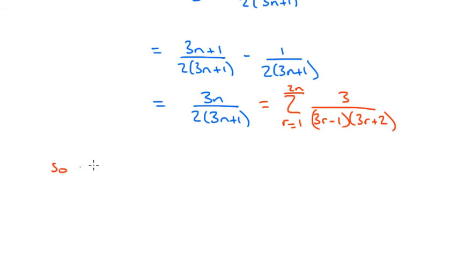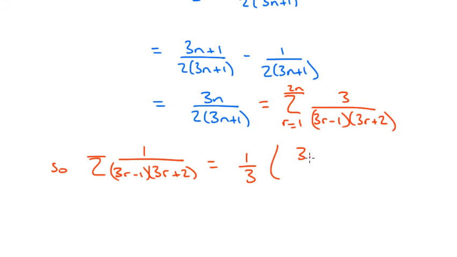So the sum that we want is a third of 3n over 2 lots of 3n plus 1. You can see that the 3's are going to cancel and we are left with n over 2 bracket 3n plus 1.